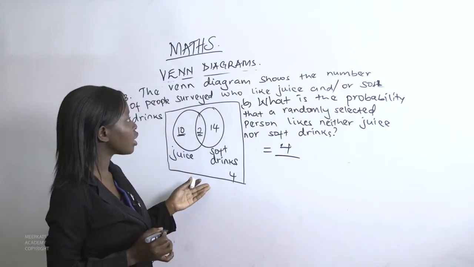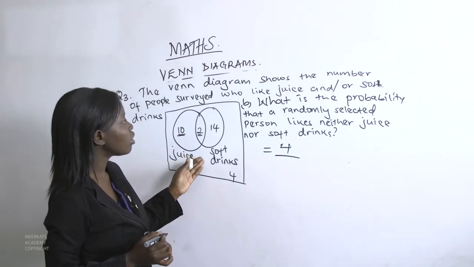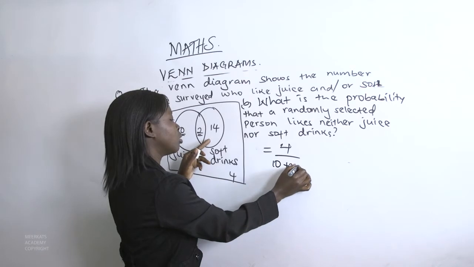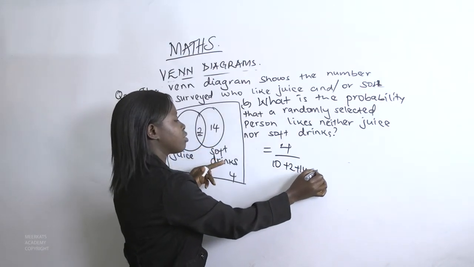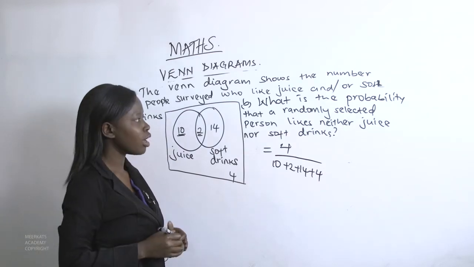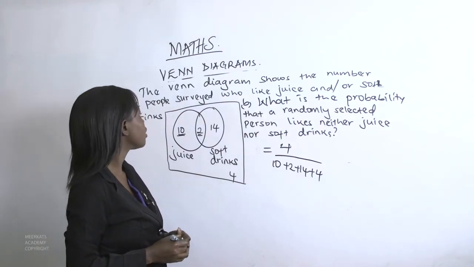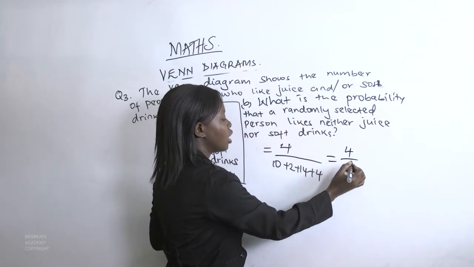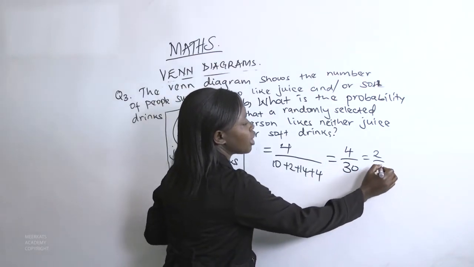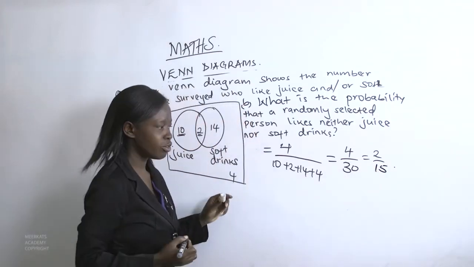So what is the total number of outcomes in this given event? We need to get, this is 10 plus 2 plus 14 plus 4. That gives us the total number of outcomes in this given event. So we get 4 out of 30. 4 over 30, if we simplify, we are having 2 over 15.